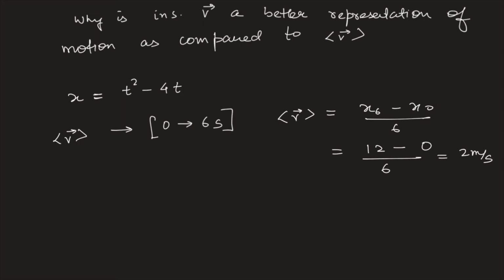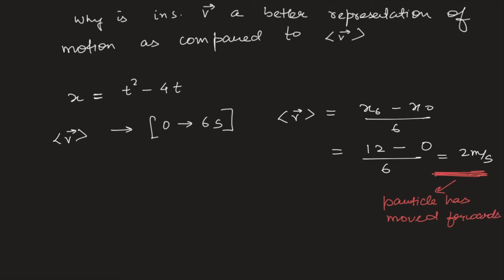Now what does this little piece of data tell us? What is this data telling us? This data is telling us that the particle has moved forward. Why is it telling us that the particle has moved forwards?